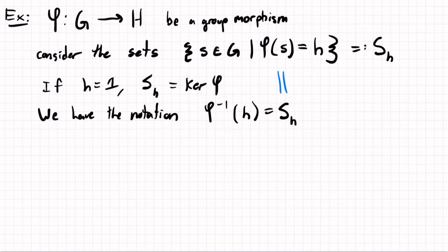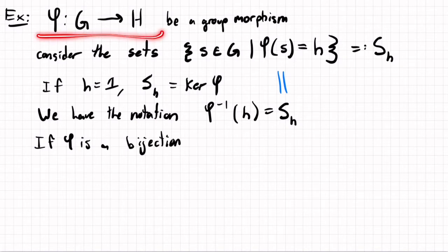And in fact, if phi is a bijection, and since phi is a group homomorphism, that would make it an isomorphism, but that doesn't matter because we don't even care that these sets are groups yet.